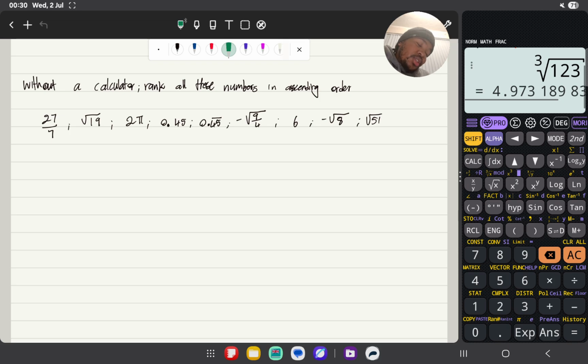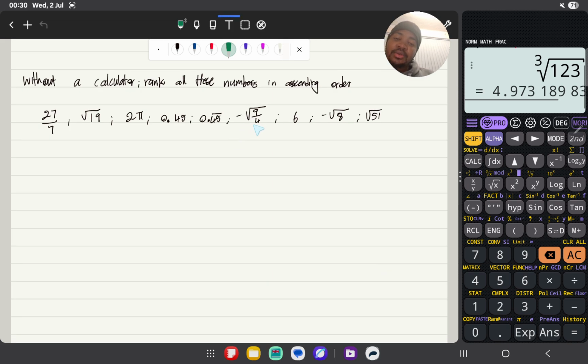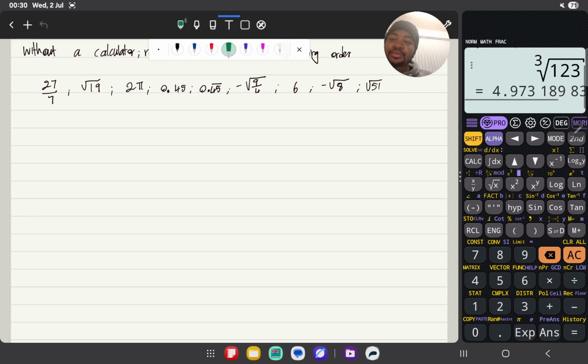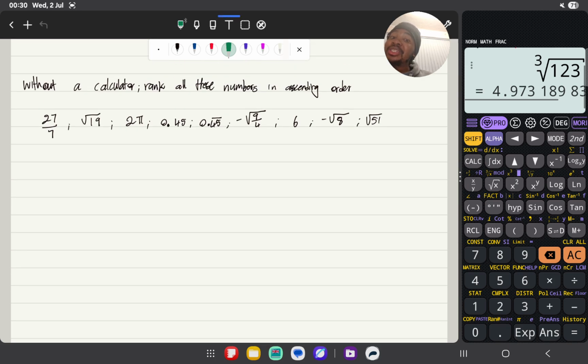I'm gonna be more interested also in these numbers, the negative ones, né? I'm gonna deal with them one by one. Oh, and I actually said without using a calculator.